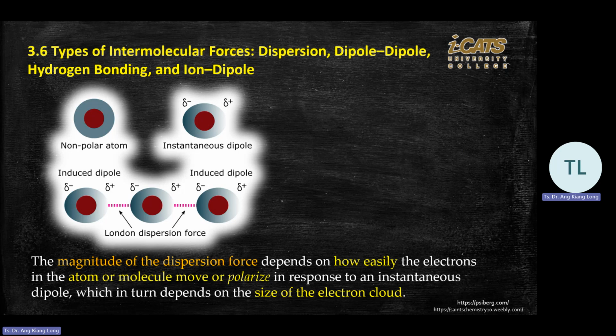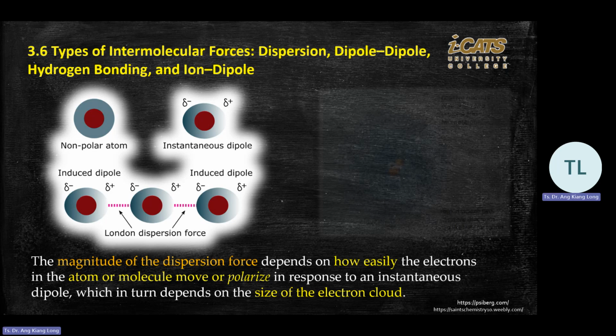Now, combining the periodic table with this slide, which mentions that the magnitude of dispersion force depends on the size of the electron cloud: if the question asks you to use the periodic table to compare elements' dispersion force, those below in the periodic table will have higher dispersion force compared to the one on top. This is how you answer the question.